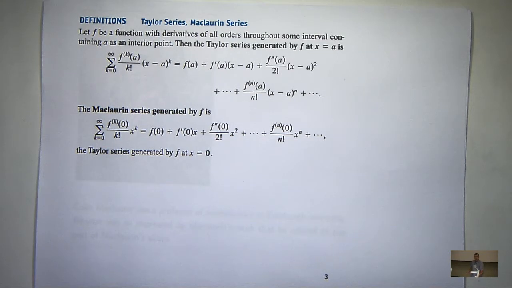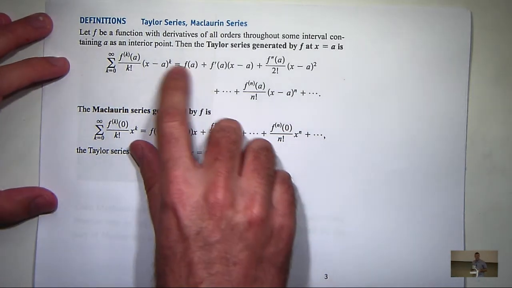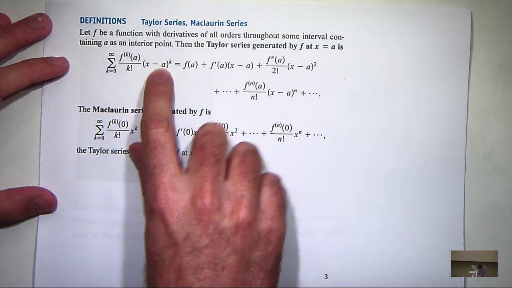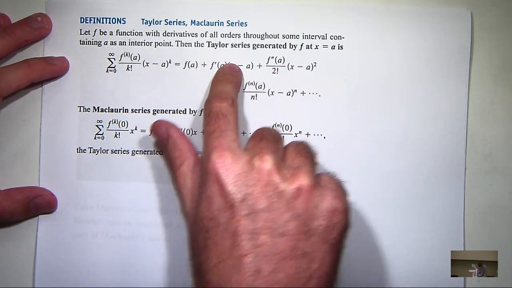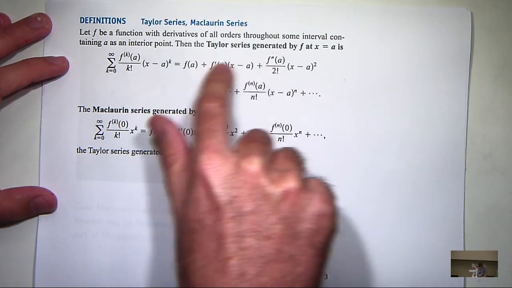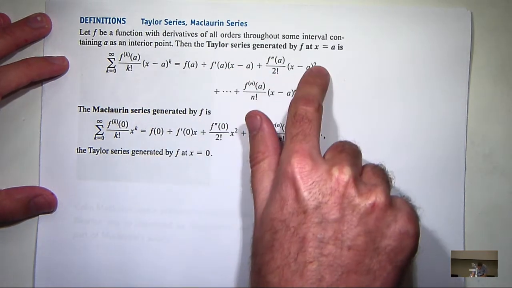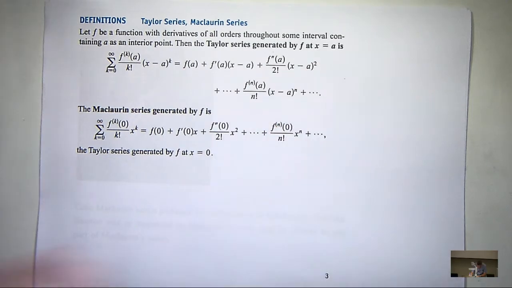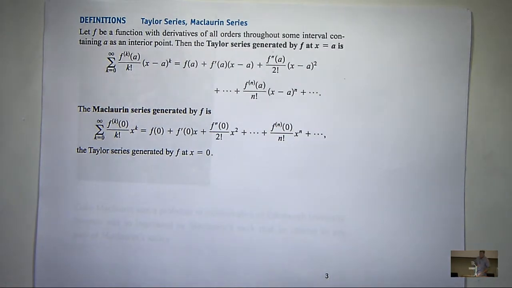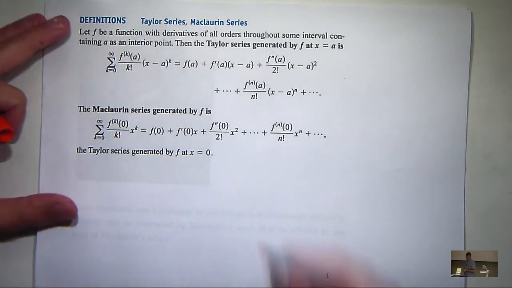Now, a Maclaurin series is very similar to a Taylor series. Basically, a is a point here. You'll see that every time I move from term to term, the derivative increases, the factorial increases, and the power increases. So there are three things that change as you move from term to term. We call this the Taylor series generated by f at the point x equals a.